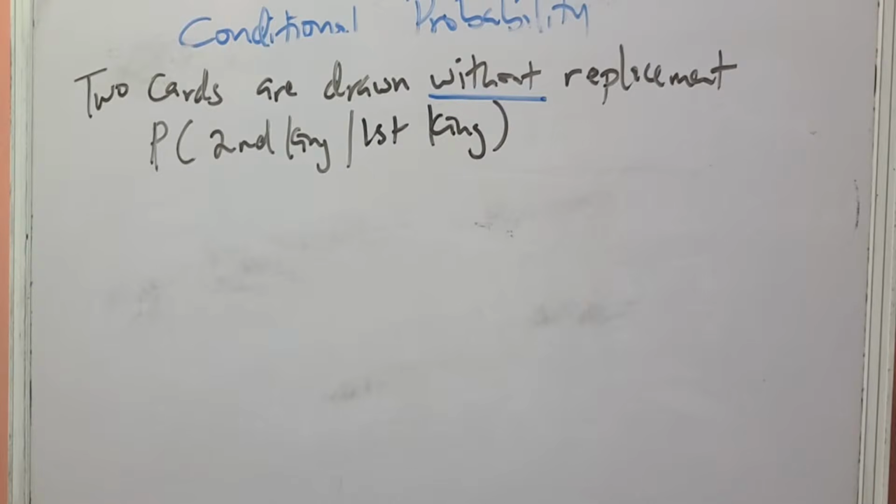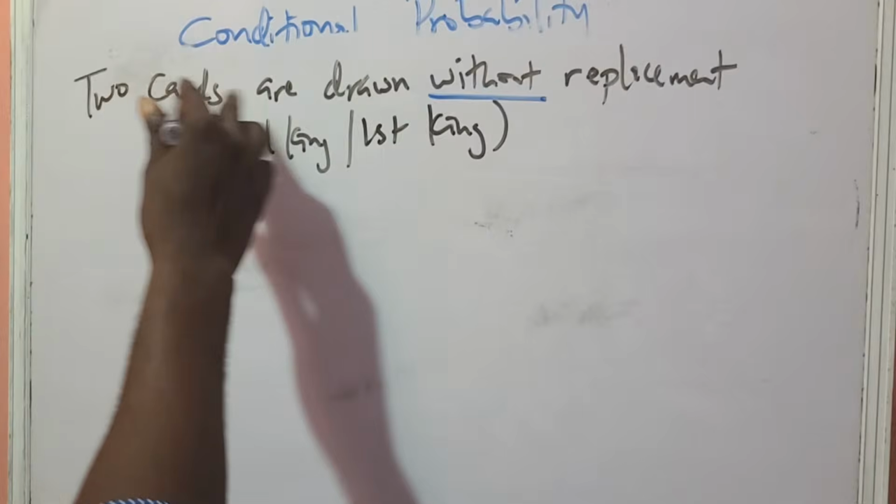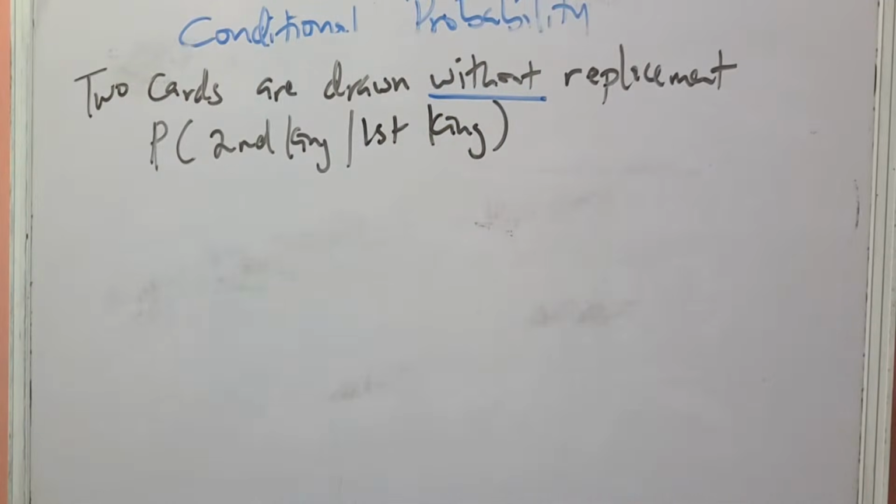So how do you solve this? What's the probability that the second was a king, given that the first was a king? Now looking at this, of course, very simple. Number 1, 2 cards are drawn without replacement. Of course, in this case, you are dealing with 52 different cards.